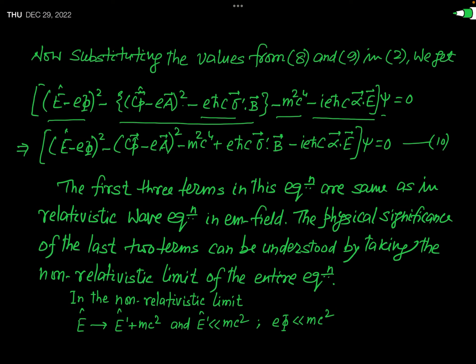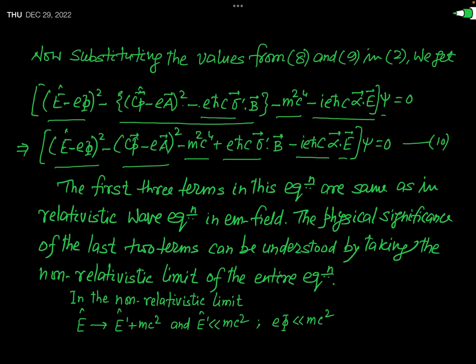Now I have simplified this result to some more extent. This can be written as (E minus e phi) square minus (cp minus eA) square minus m square c^4, plus, since this minus and this minus now become plus, e h bar c sigma dash dot B, and minus i e h bar c alpha dot E operated on psi equal to 0.